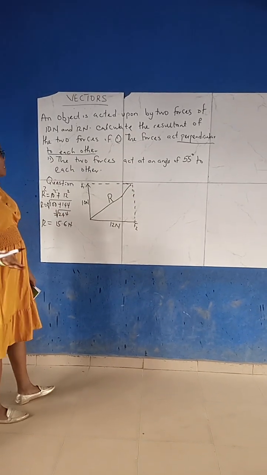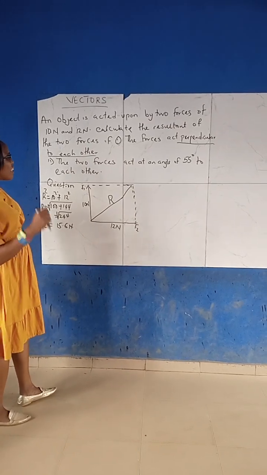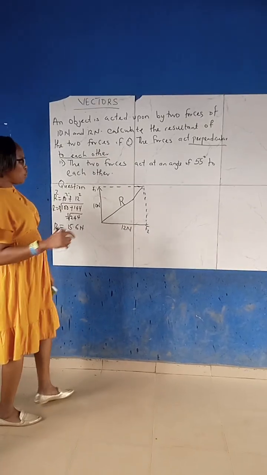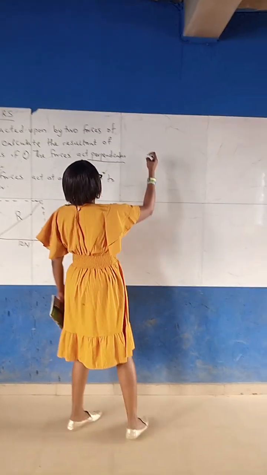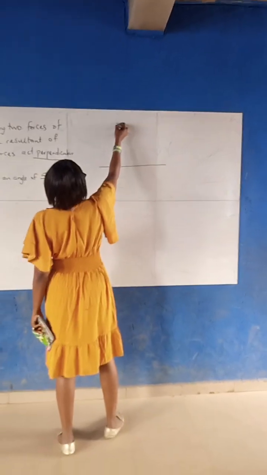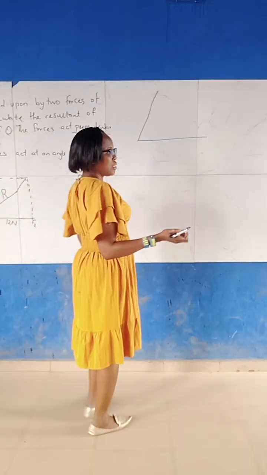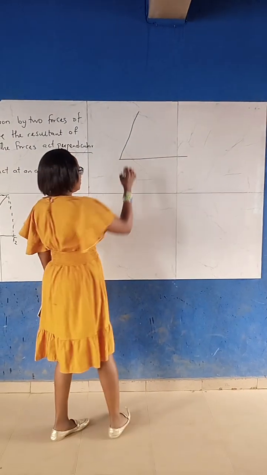Now, the second question says we find the resultant if the two forces are at an angle of 55 degrees to each other. When the two forces are at an angle of 55 degrees to each other, that is an acute angle. An angle between 0 and 90 degrees is an acute angle.